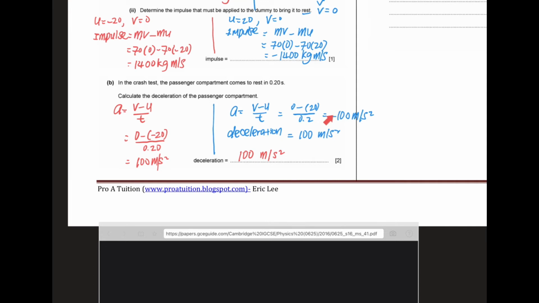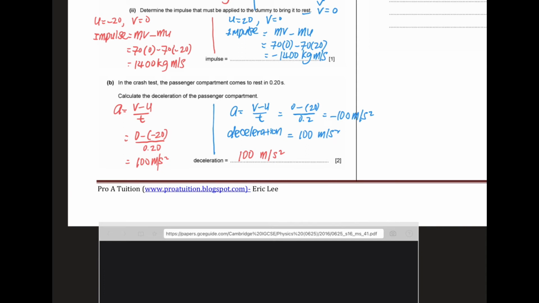Strictly speaking, we cannot have the negative there. Acceleration is negative 100, but if they ask for deceleration, we have to remove the negative.